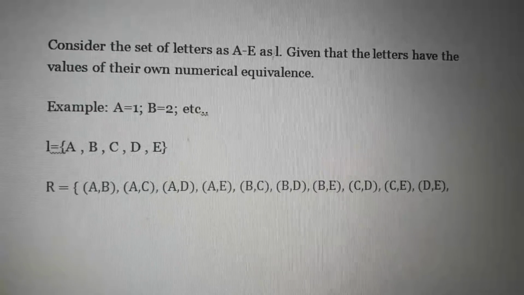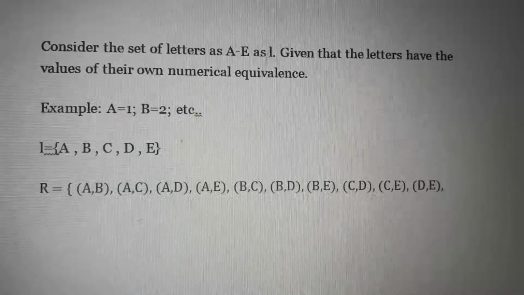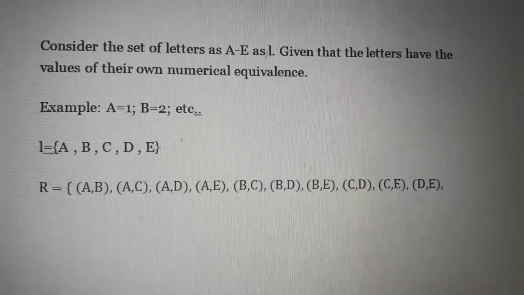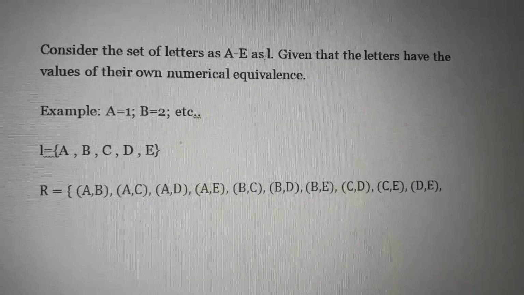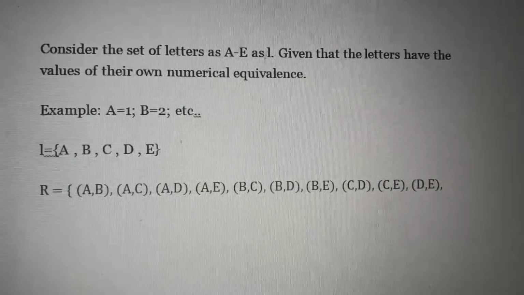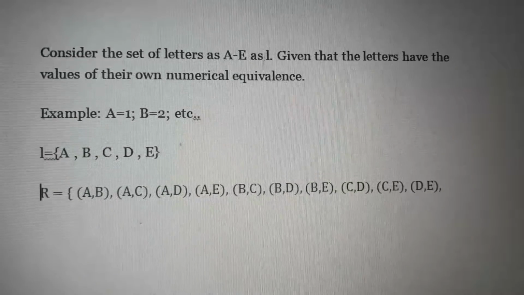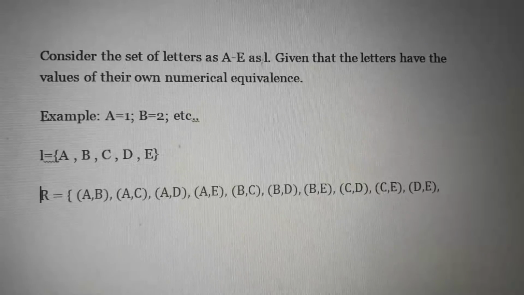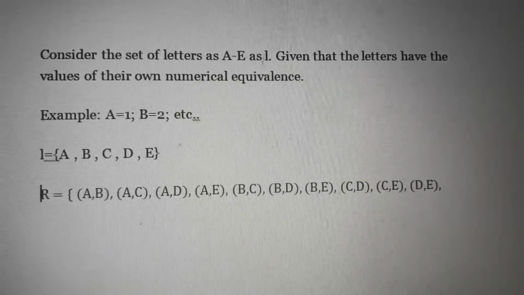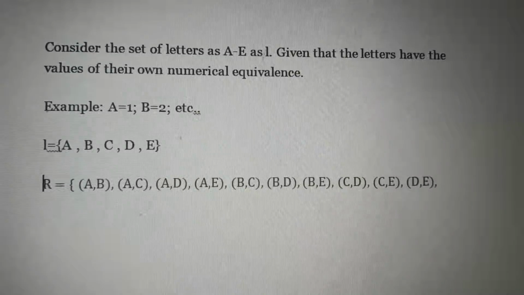So our last example is also based from the last example of reflexive property of relations, wherein our set L consists of letters that have the value of their own numerical equivalence. Example, A is the first value, then it takes the number 1, and so on.